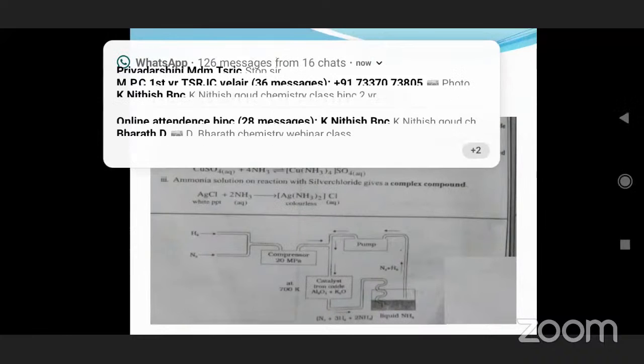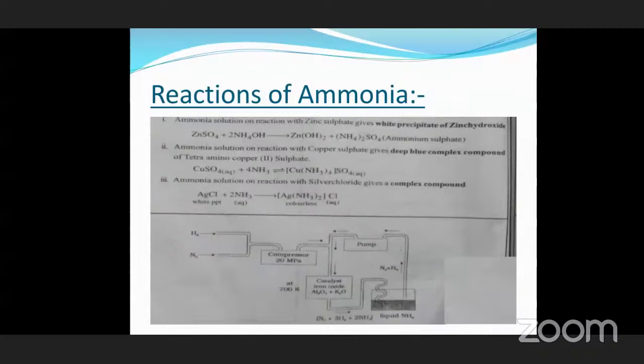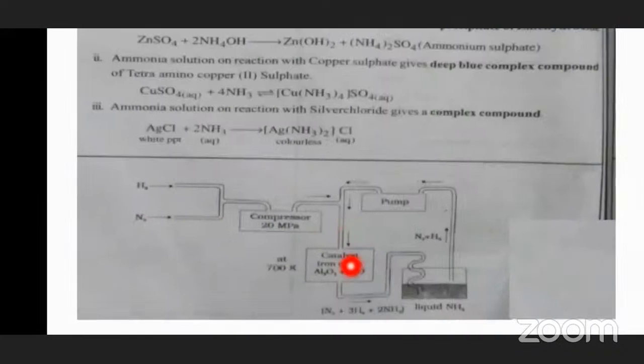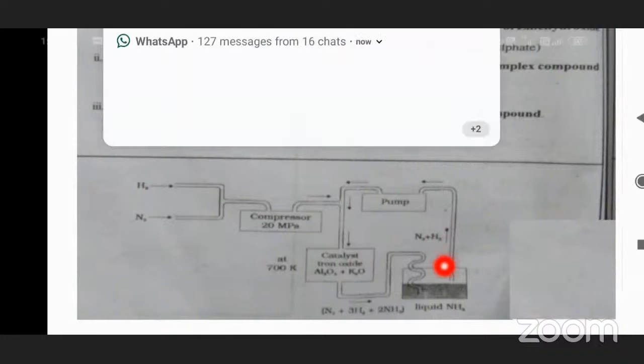After the dinitrogen reacts with hydrogen in the presence of the catalyst, ammonia is formed. Here this is liquid ammonia. The chamber is indicating the liquid ammonia.